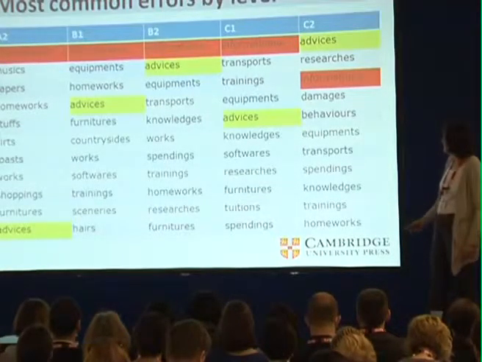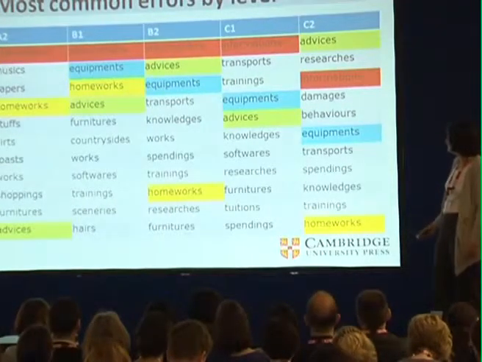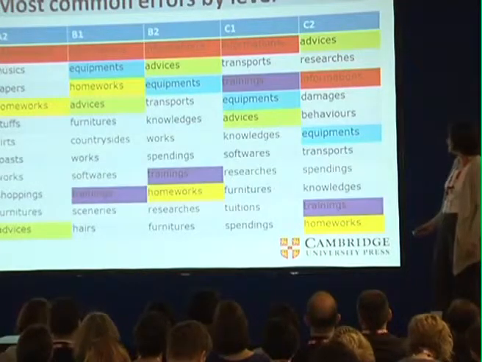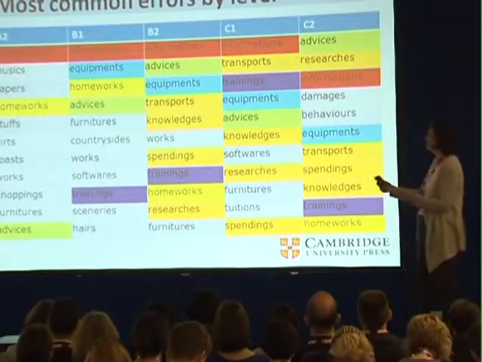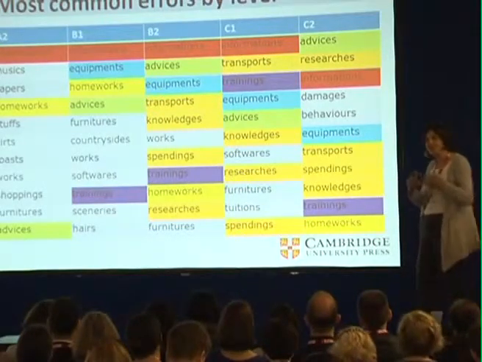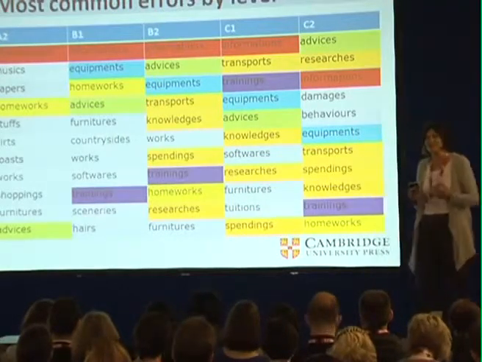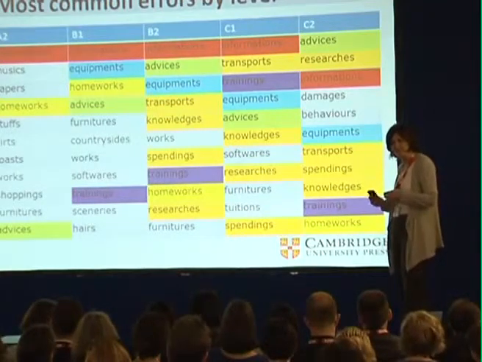Similarly, advices, equipments, homeworks, trainings. And then we see some of these errors disappearing as we go into the B levels. But as the vocabulary expands, as Alan was talking about, and the complexity of vocabulary expands, so we see more errors creeping in.